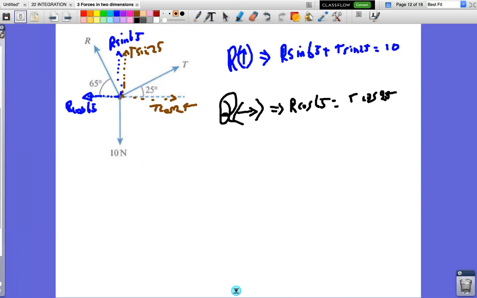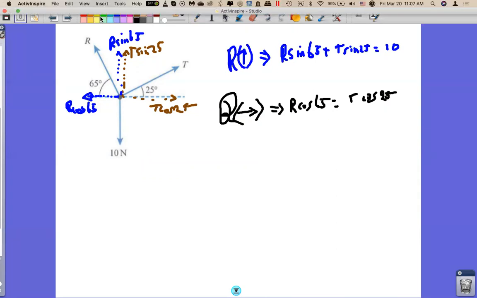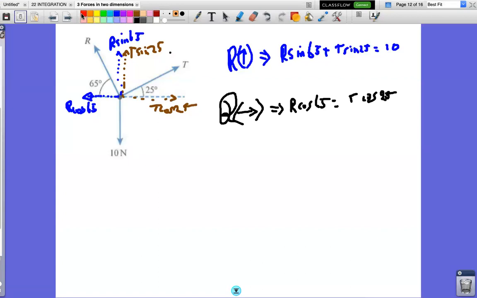Now, these equations, equation 1 and equation 2, there are two equations with two unknowns, and we can solve these two equations to get the things we don't know here, right?